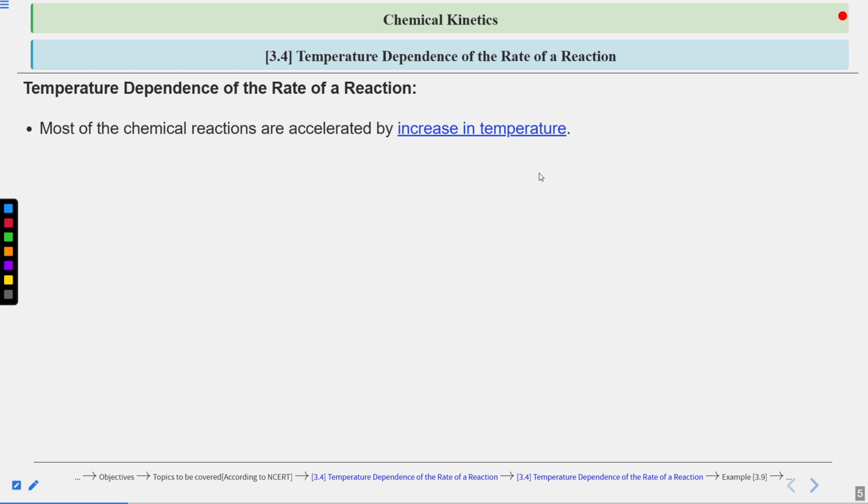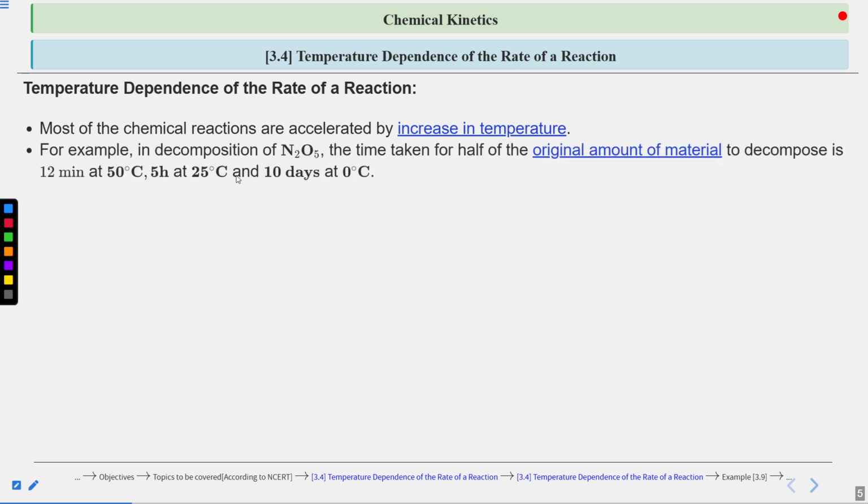The atoms or molecules present in the reaction start to heat up and their kinetic energy increases. So they start to move here and there with the increase of energy inside them. That's why we have written here that most chemical reactions are accelerated. As the movement increases, the reaction happens more frequently, at a higher rate. So the rate will increase.